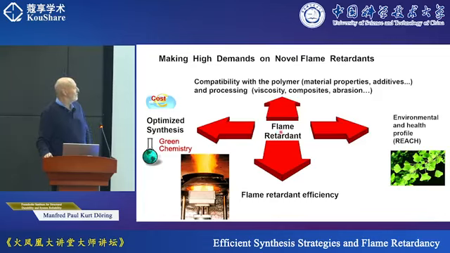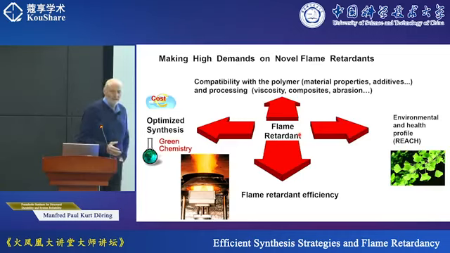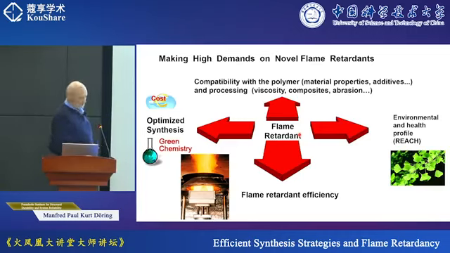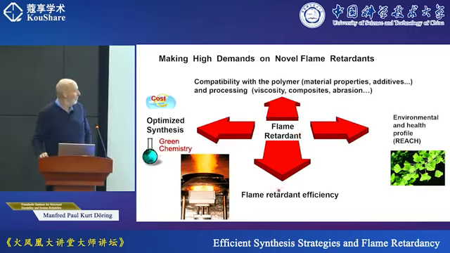Okay, if I want to develop a new flame retardant, very important is, of course, first of all, flame retardant efficiency. That is really important. You want to create a new flame retardant for a new polymer, and then the efficiency is really important.